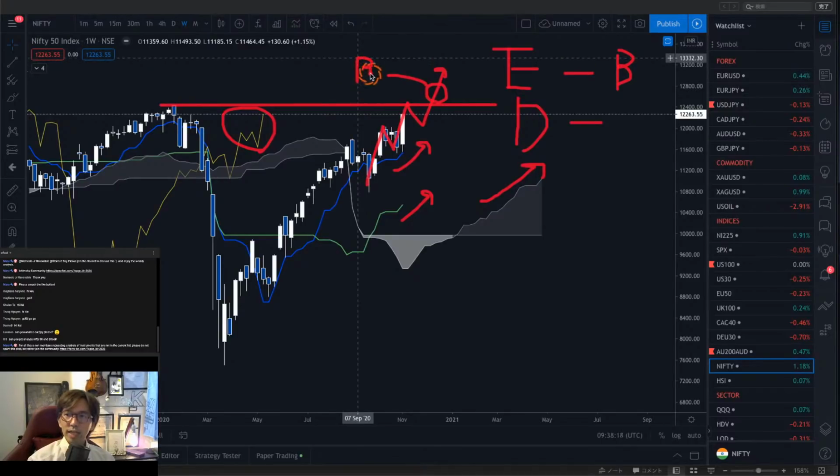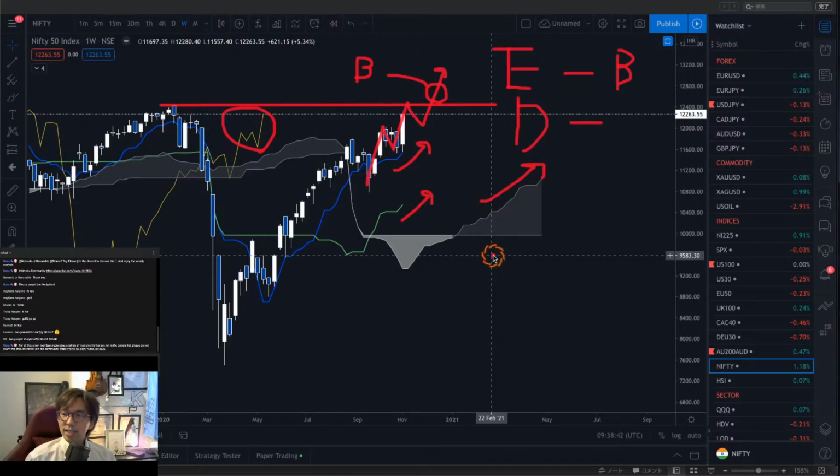So I would wait until the market breaks the recent high on this 12450 area, and then look for buy afterwards. But this is a very nice uptrend.